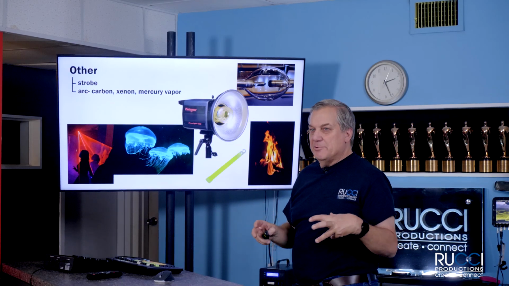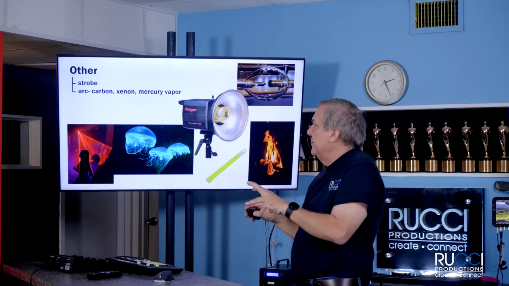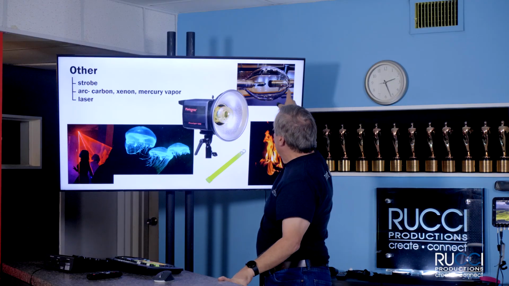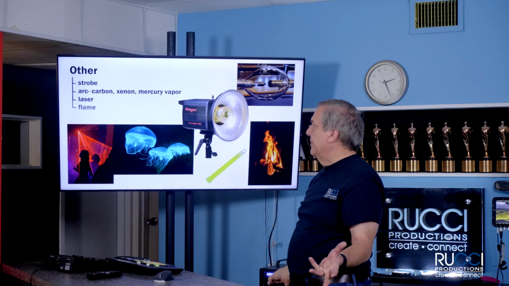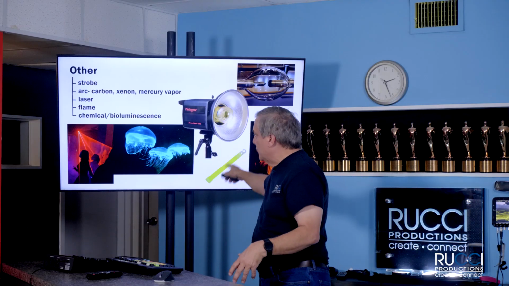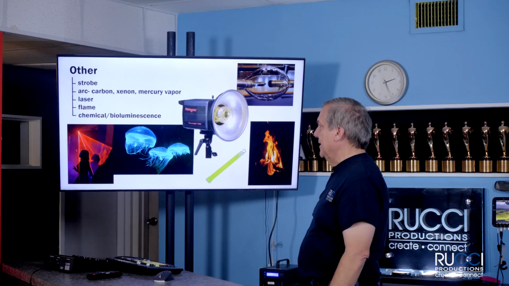There's a mercury vapor, those yellow things they used to see in street lights and factories. This is what the inside of an HMI bulb looks like. You have lasers, a flame. You have chemical things like a glow stick or a jellyfish or something. So there's all kinds of things that can make light.